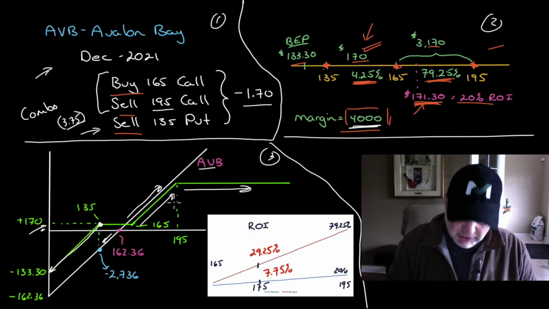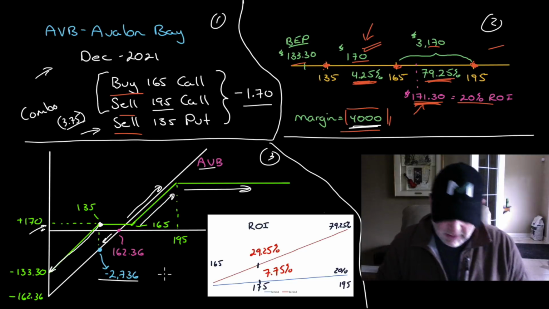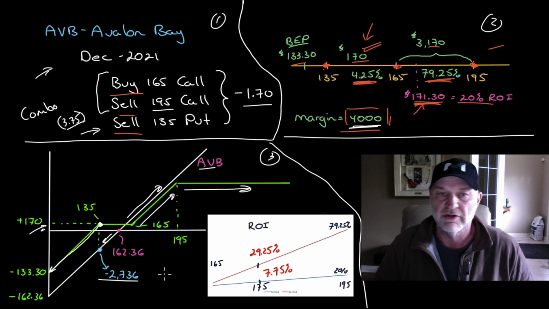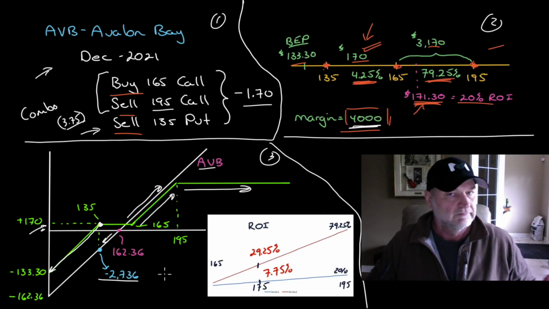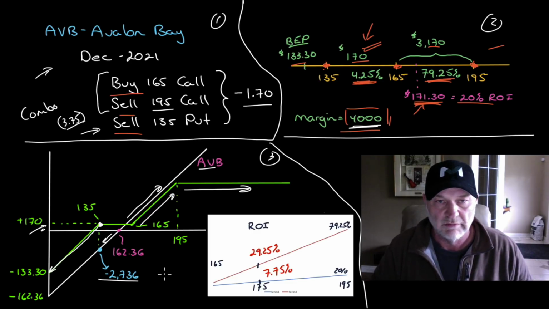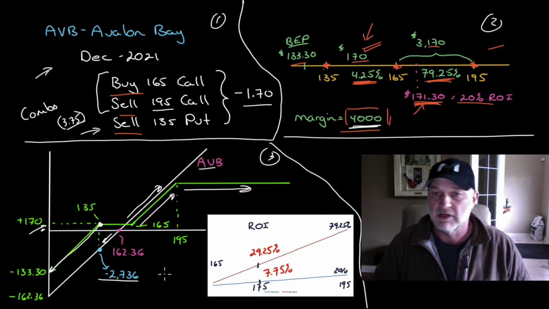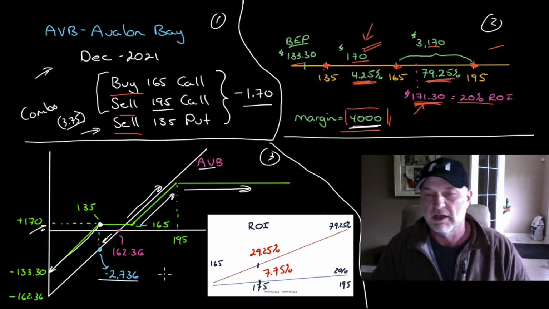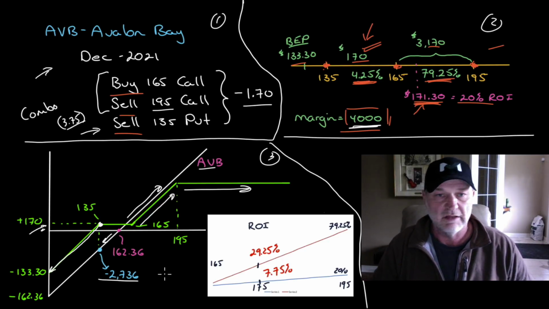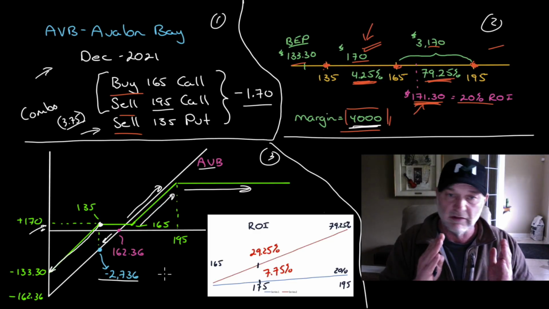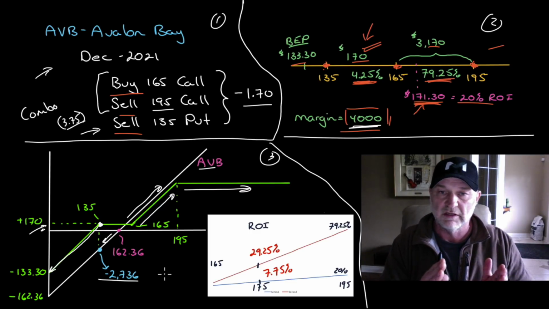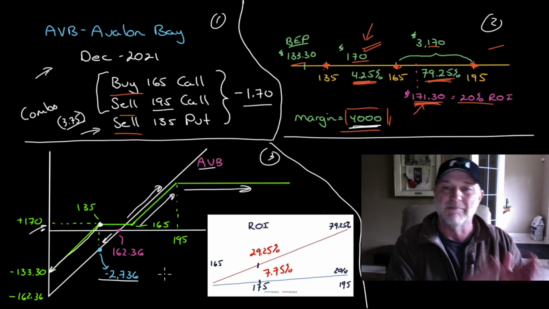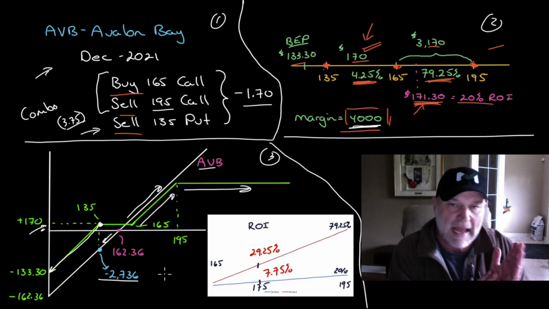But a shareholder of AVB has lost $2,736. Heads I win, tails I win. Heads I win because if it goes up, I make a higher return on equity than owning the native underlying. Tails I win because if it goes down, I'll either get a 4.25% positive return, or I get to buy it where I would buy it anyways.